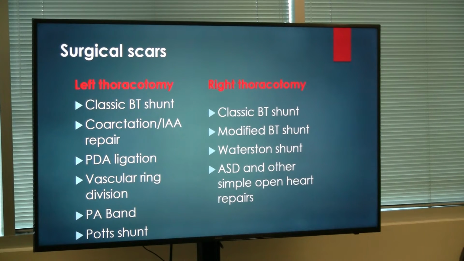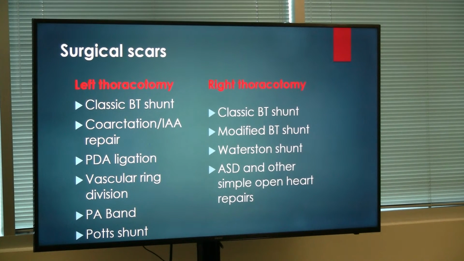But for left thoracotomy, the classic Blalock-Taussig shunt happens, the coarctation repair also happens on the left side, as do interrupted aortic arch repair and surgical PDA ligations. Those are the top 3 surgeries that you will have through the left thoracotomy. In addition, you may see vascular rings, PA banding, and Potts shunt, but the top 3 will occupy most of the left thoracotomy surgeries.